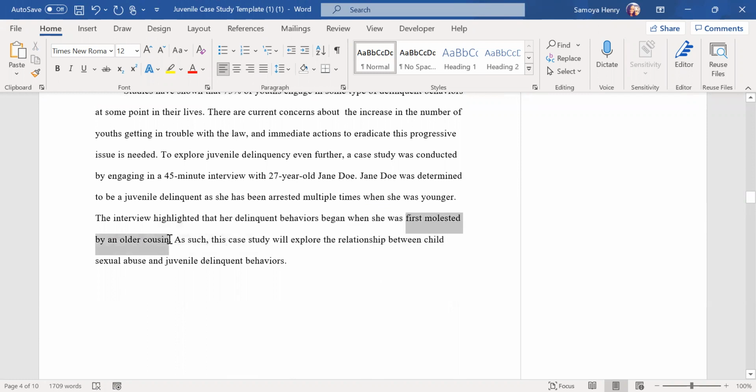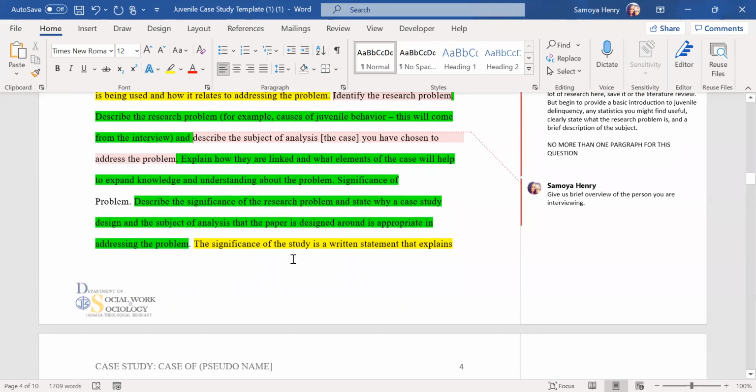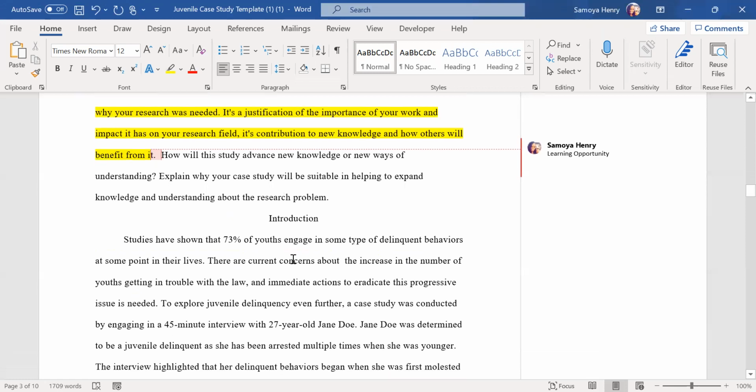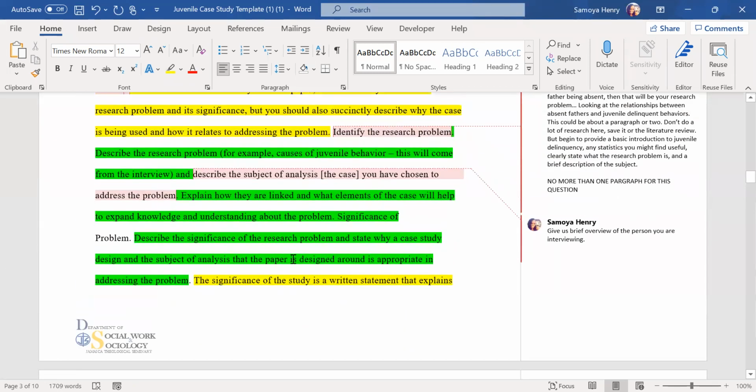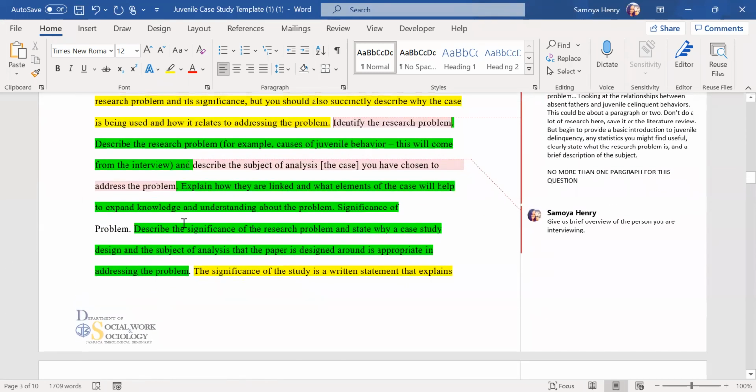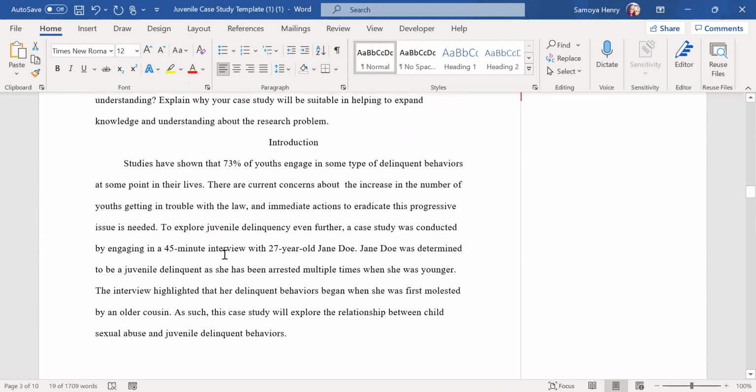She was a victim of child sexual abuse. She engaged in delinquent behaviors, and as such we want to explore that topic a little bit further through the case and the experience of Jane Doe.